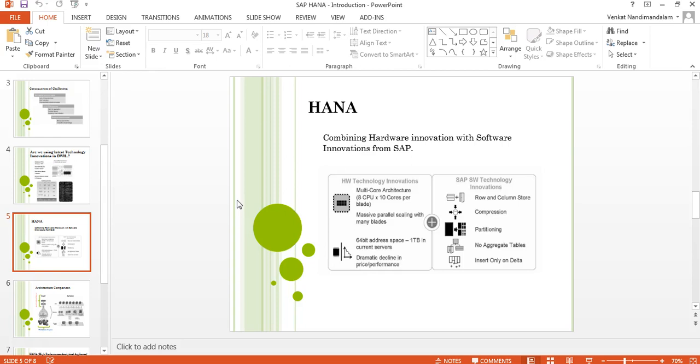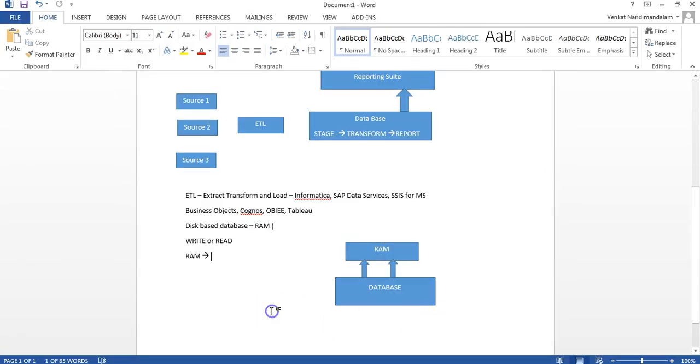So from a hardware perspective, they have got multi-core processing, they have got RAM cheaper now, and they have got CPUs where you can put up to 512 cores, because of which you get huge parallel processing available at database level.